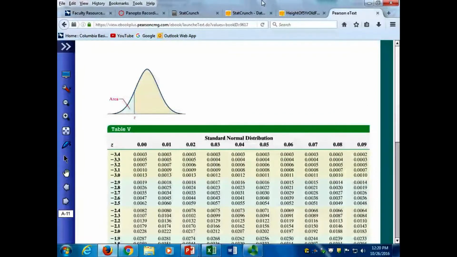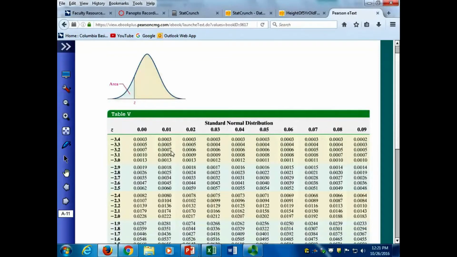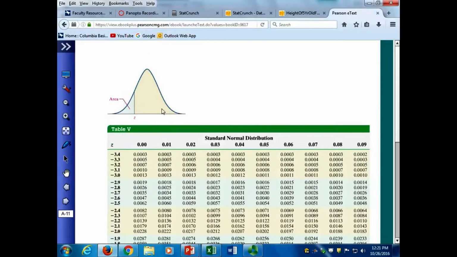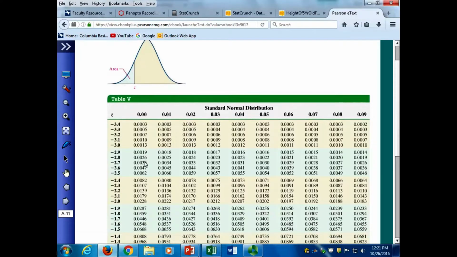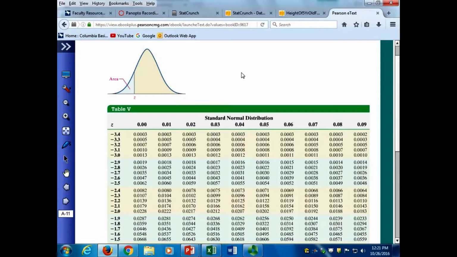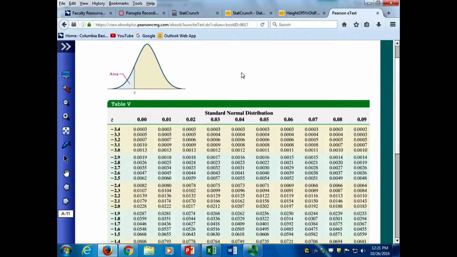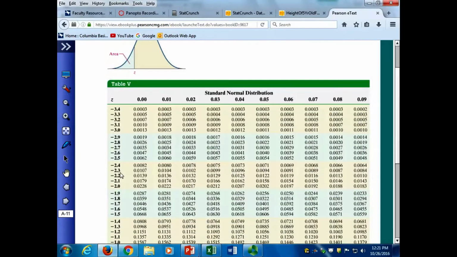Here's what a Z-table shows you. What a Z-table does is it calculates the area under the curve for a bunch of different Z values. The way you read a Z-table is you have a Z-score that's rounded to 2 decimal places. The column shows you the Z-score to the first decimal, and the row up here shows you the second decimal of the Z-score.